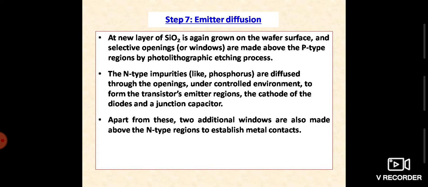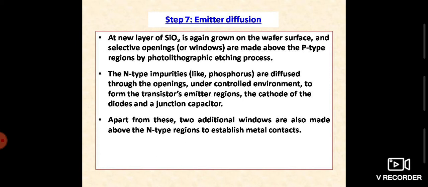See the third point, apart from this, two additional openings or windows are also made above the n-type regions to establish the metal contacts, because metallization will be almost the last step. After metallization we have to just do the scribing and mounting.